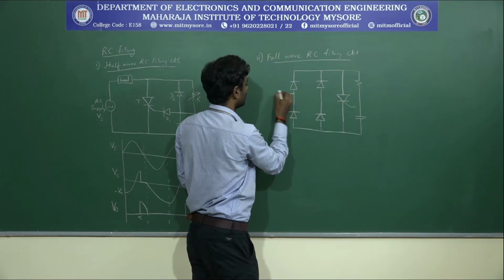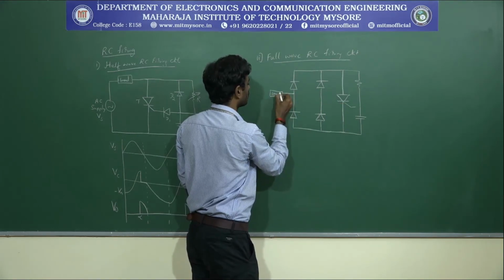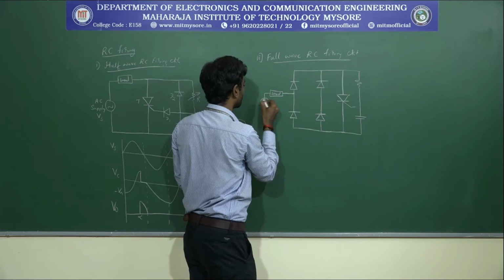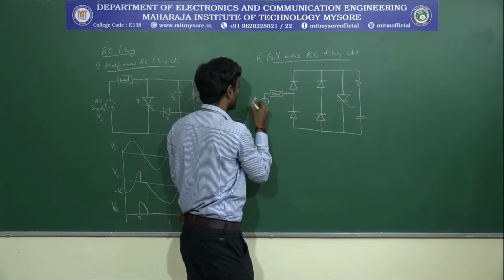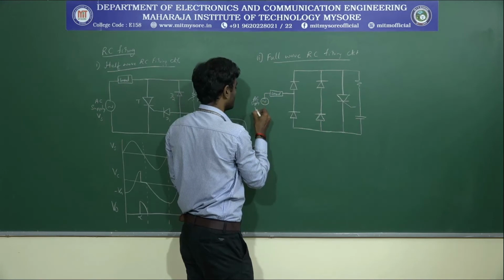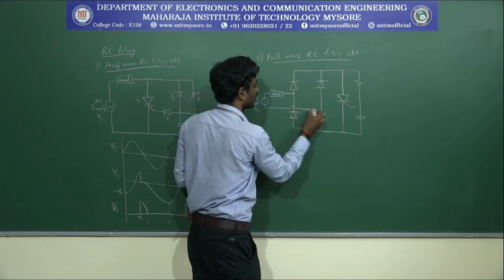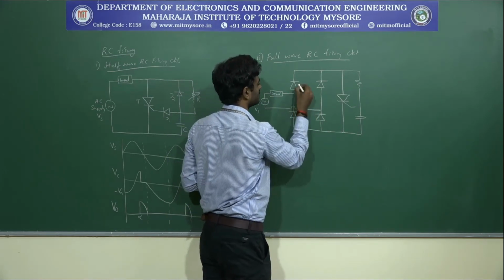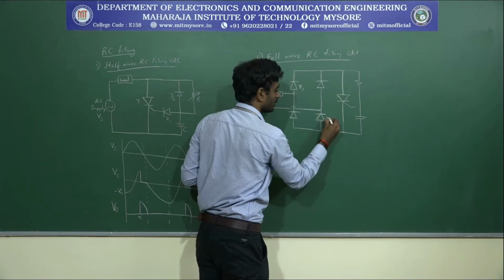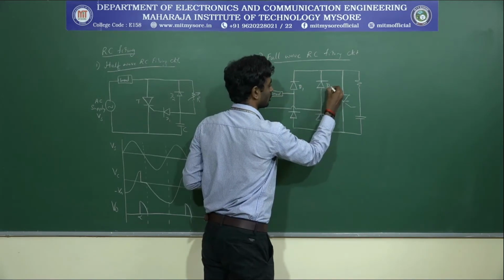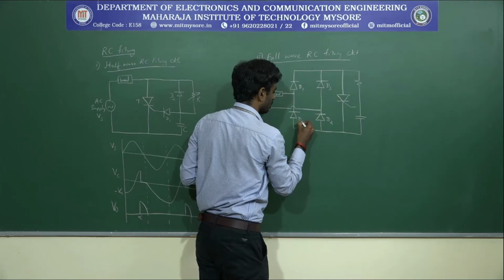I will take this as a load. Across this load, I will give a supply voltage, that is AC supply, that is Vs, that will be connected across the diodes. This will be considered as diode 1, this will be diode 2, this will be diode 3, and this will be diode 4.